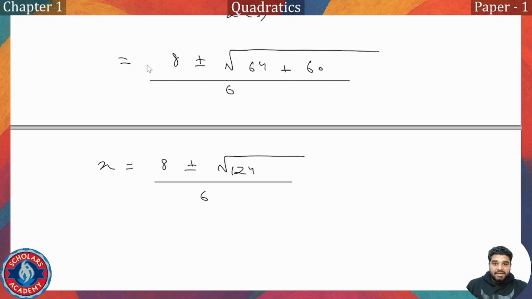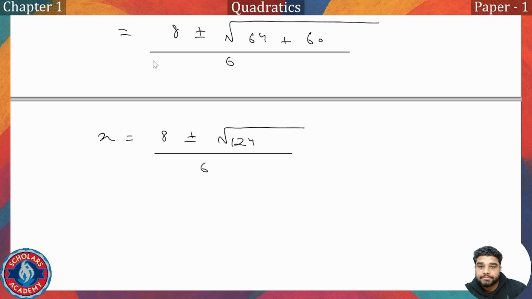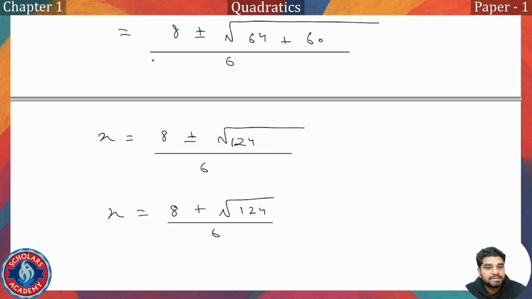All right, so similarly, we'll not take the negative part. We're getting two values, plus of 124 by 6, and the second is x is equal to 8 minus root of 124 by 6.